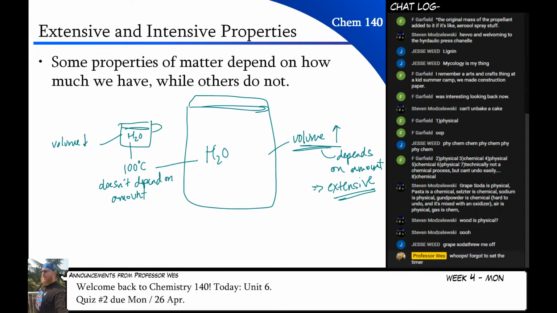You just need the temperature of the substance to be at 100. Now, how much energy you need to boil it, that would be extensive because energy is different than just the temperature that we're measuring. So, if you have a property or trait that does not depend on the quantity that you have, that's called intensive.